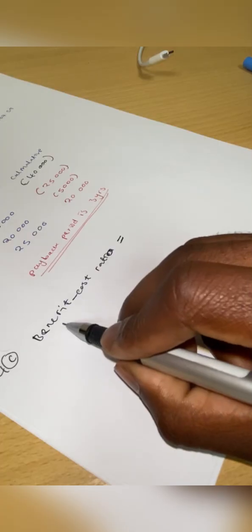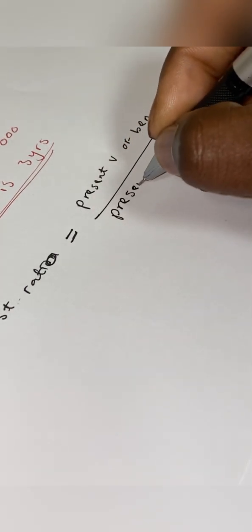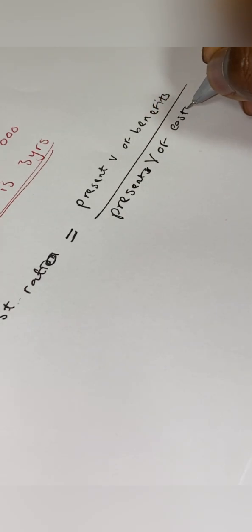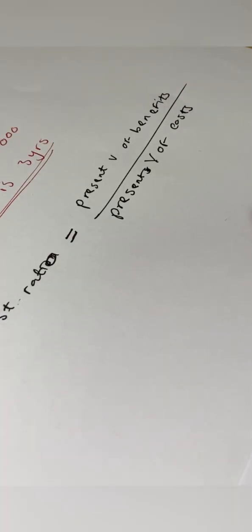On top, it's the present value of benefits, over the present value of the costs. So this is the formula for benefit cost ratio: present value of the benefits over the present value of the costs.